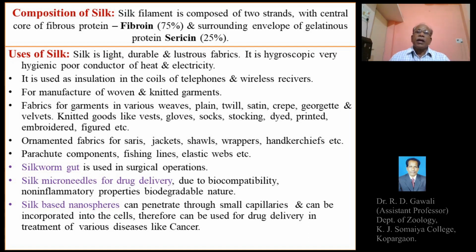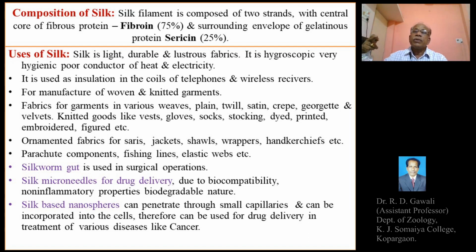And thus, along with the medicines for cancer, for example, the silk-based nanospheres can also be used, and they can penetrate through the small blood capillaries and can be incorporated into the cells.